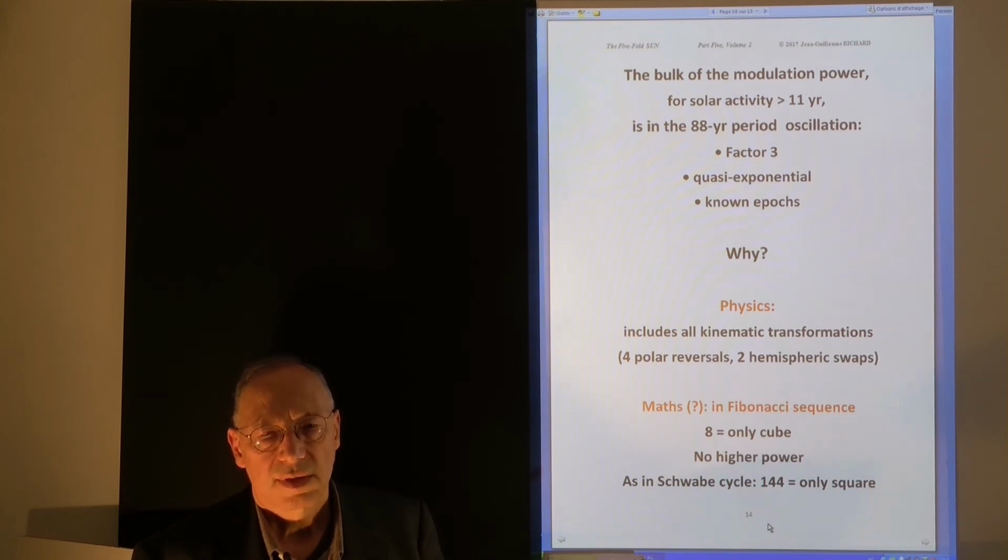And in the Schwabe cycle itself, the number which is characteristic of the number of rigid rotations that compose the fluctuation is 144, and is the only square in this Fibonacci sequence.